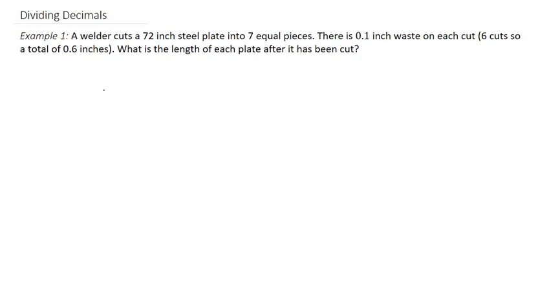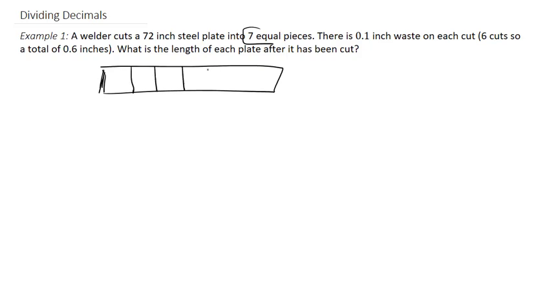So let's first visually think about this. We have a steel plate. We need to make 7 equal pieces. So that means we have 6 cuts. If we go 1, 2, 3, 4, 5, 6, that gives us 7 equal pieces.